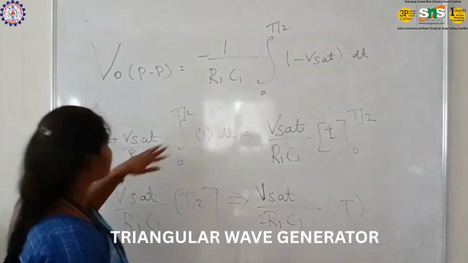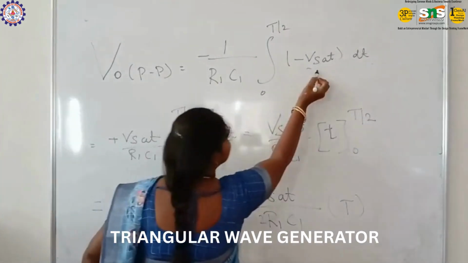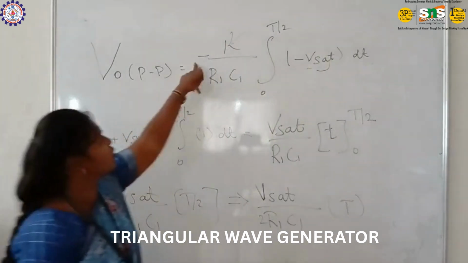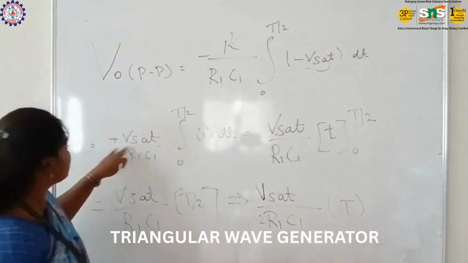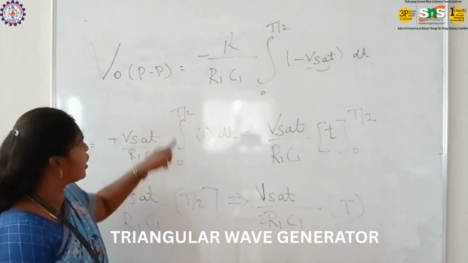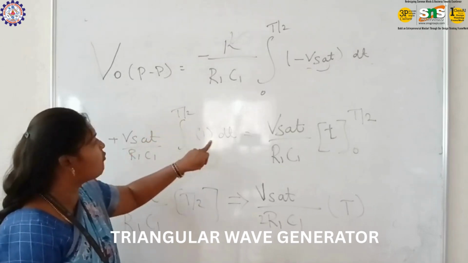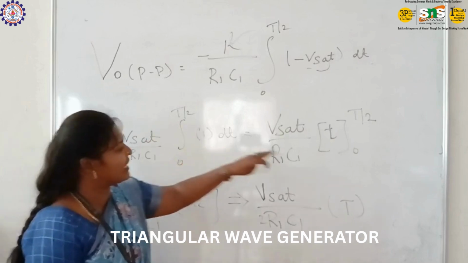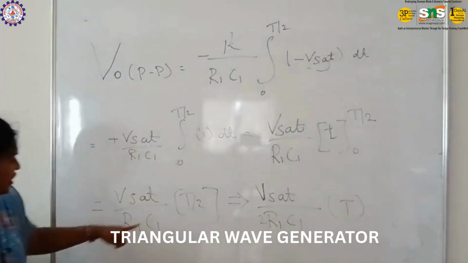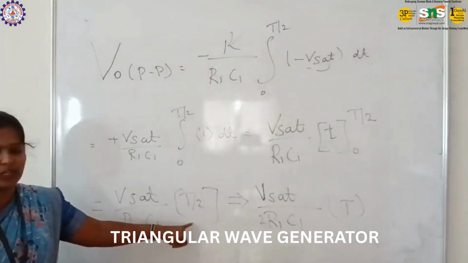This is the constant term, so minus into minus goes to plus, so plus V saturation by R1 C1 integral to T by 2 of 1 dt. So this value is V saturation by R1 C1 of T by 2.